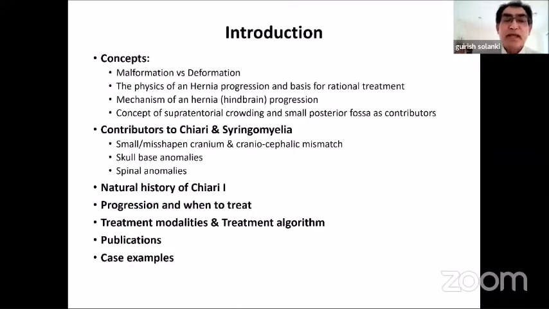And what I want to do today is to talk on a number of things. First, I wanted to spend some time to talk about the concepts of what is a malformation, what is a deformation, because we use this word malformation with some triviality, and it shouldn't be.